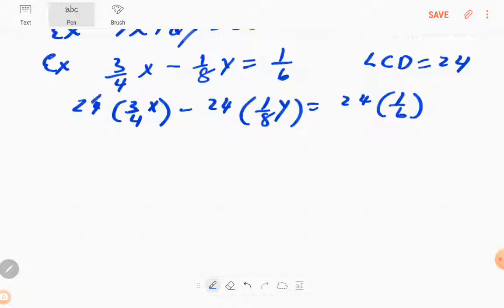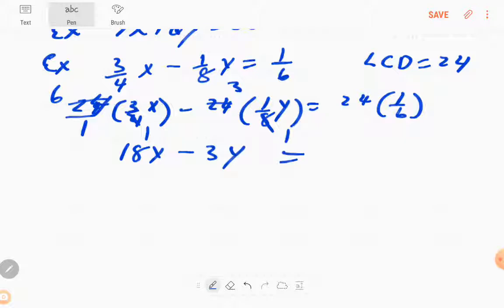So this is like 24 over 1. So 4 divides into 4 once, 4 divides into 24 6, and then multiply 6 times 3x, that gives us 18x. Here 8 divides into 24 3 times, and 3 times y is just 3y. And here 6 divides into 24 4 times, and 4 times 1 is 4.